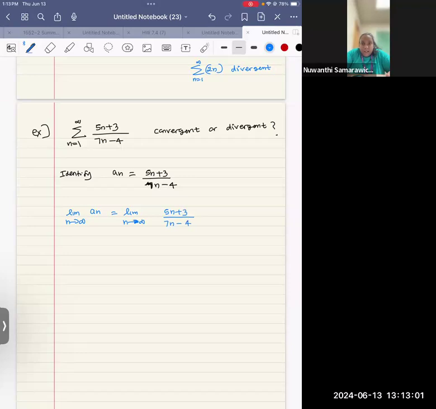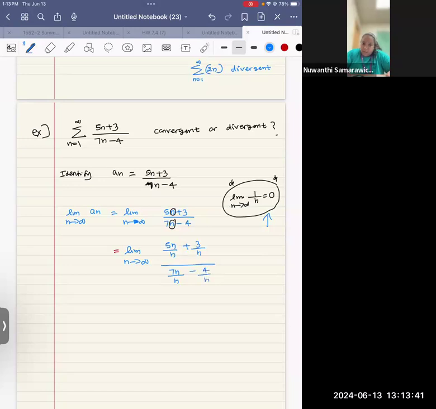Yesterday I showed a method. Remember, whenever you have an n here, you know that when n approaches infinity, 1 over n is equal to 0, right? So what can we do? We can divide all the terms here by n, so we get 5n divided by n plus 3 divided by n, 7n divided by n, 4 divided by n.